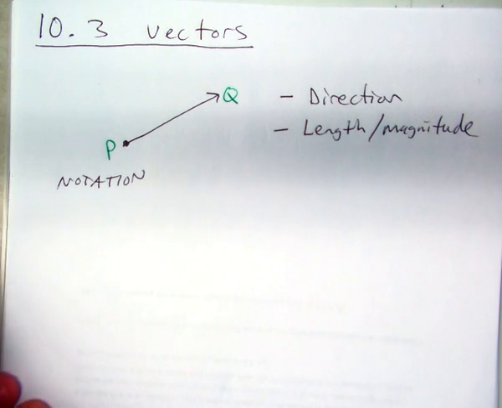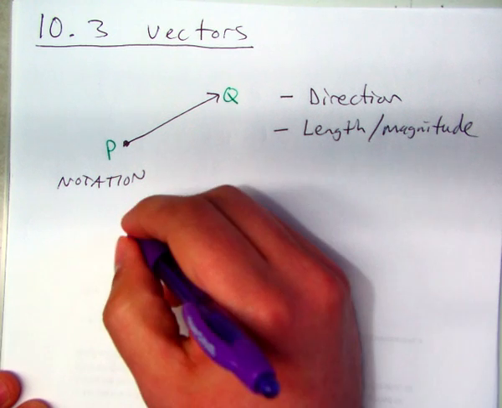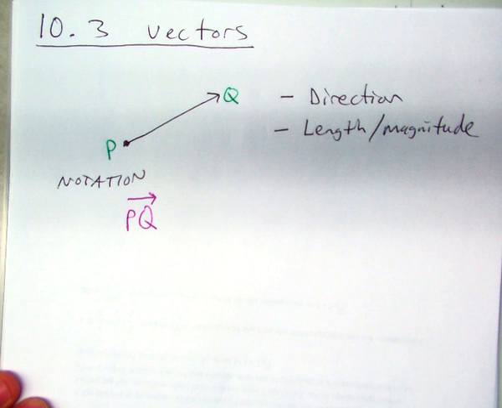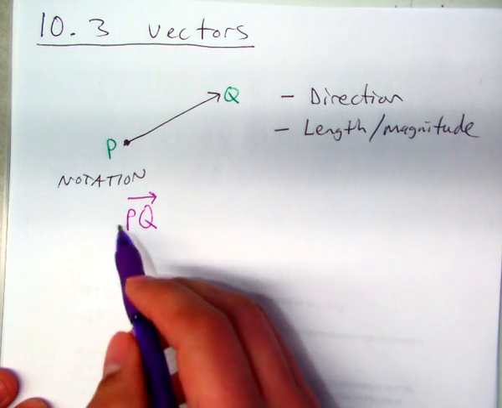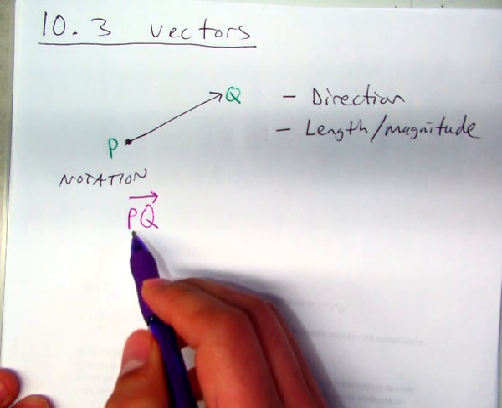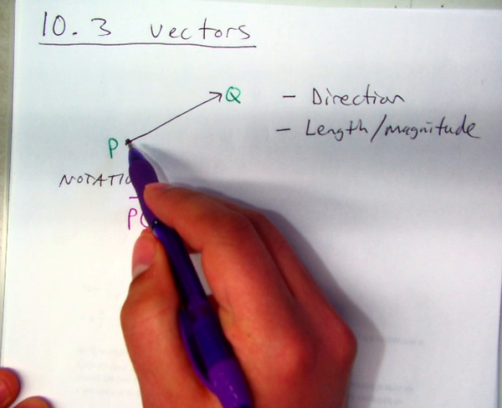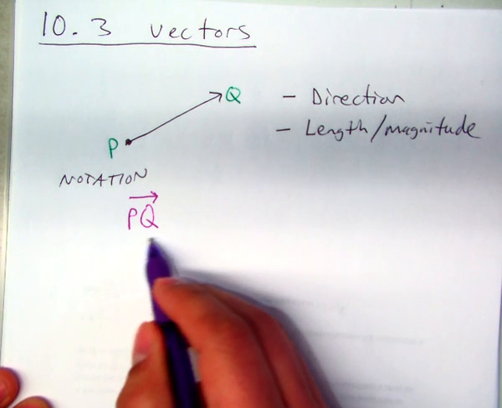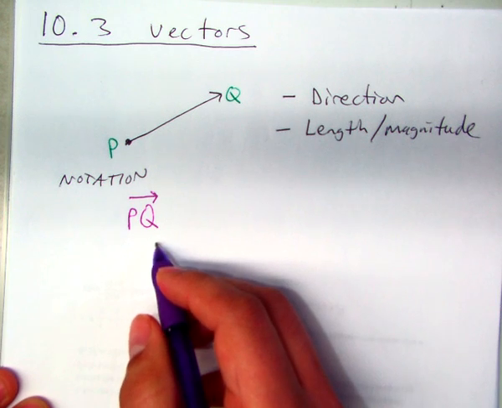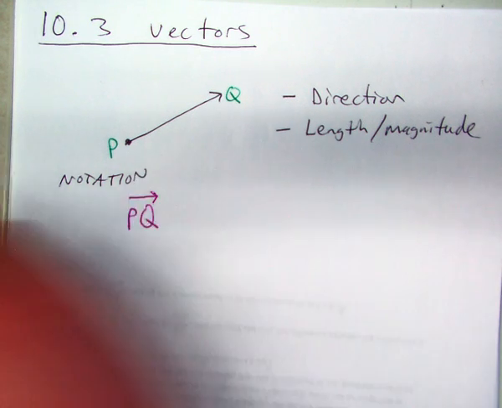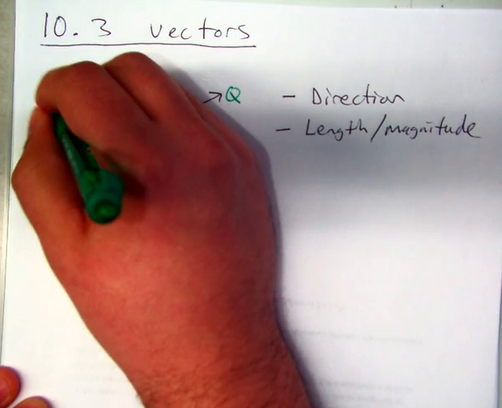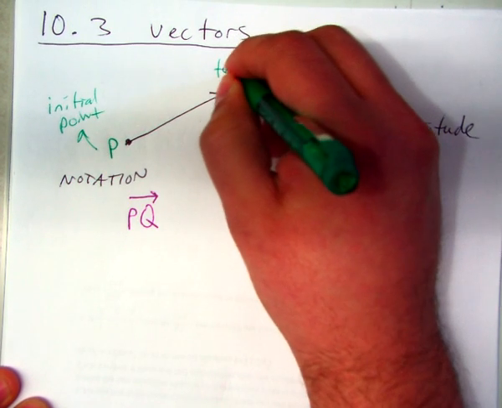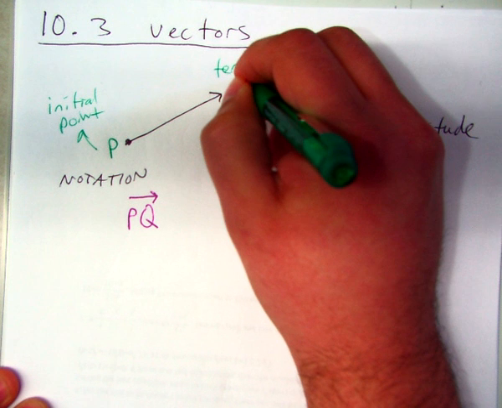You could write this as vector PQ, and you just put a little ray over it. Okay, and the order in which you write these letters is very important. Okay, we'd say that this vector starts at P and ends at Q, so that's exactly what you do in the notation. Okay, this is called the initial point, by the way. And where it ends, in this case Q, is called the terminal point.